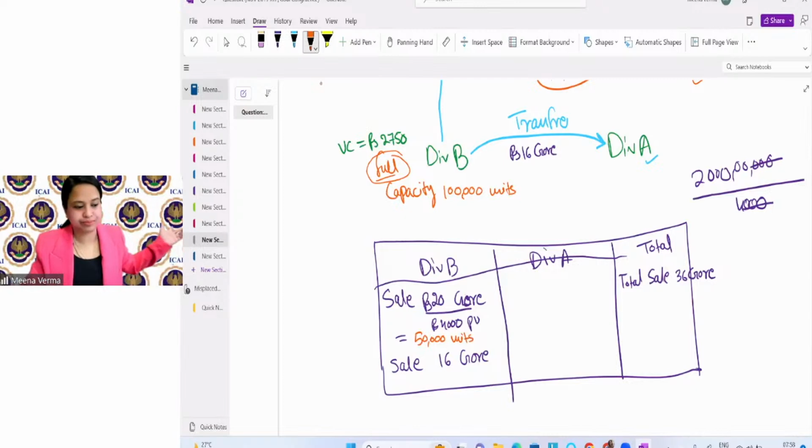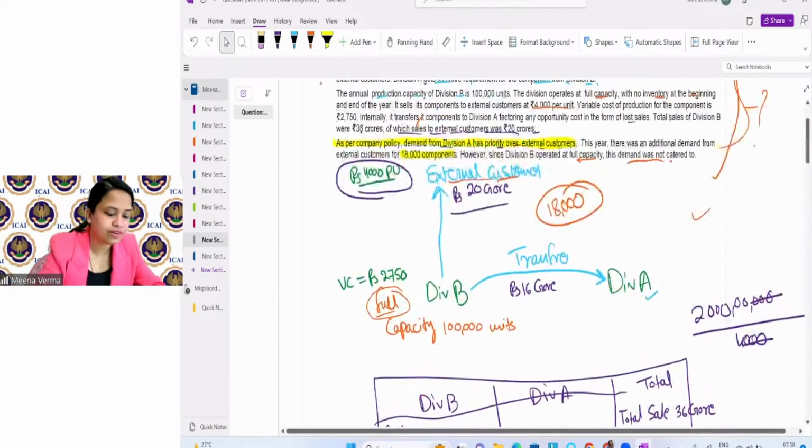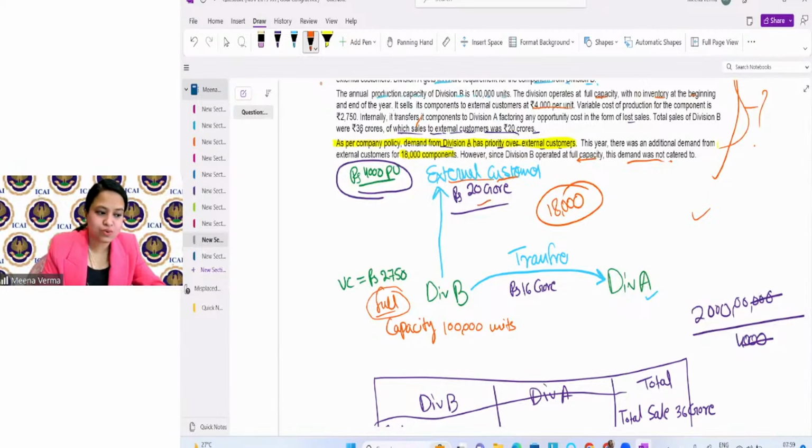So simple. है ना? देखो ये तो हमने कर ही लिया था. We have already done it, right? Total sale is 36 crore. Out of 36, 20 crore is external sale. Internally, we are transferring 16 crore. Externally, sale price per unit is 4,000. Question ko padh ke we have made a diagram and we know this, right? So when you divide these two things, you will get how many units you are selling outside.